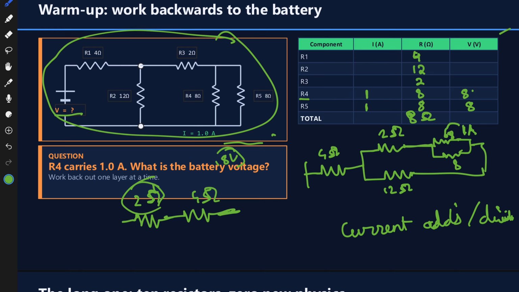I didn't do anything, I just simplified that branch. So we know 2 amps of current runs through both of these. And what's this called? This is called R3, right? 2 amps. So R3 is 2 amps.